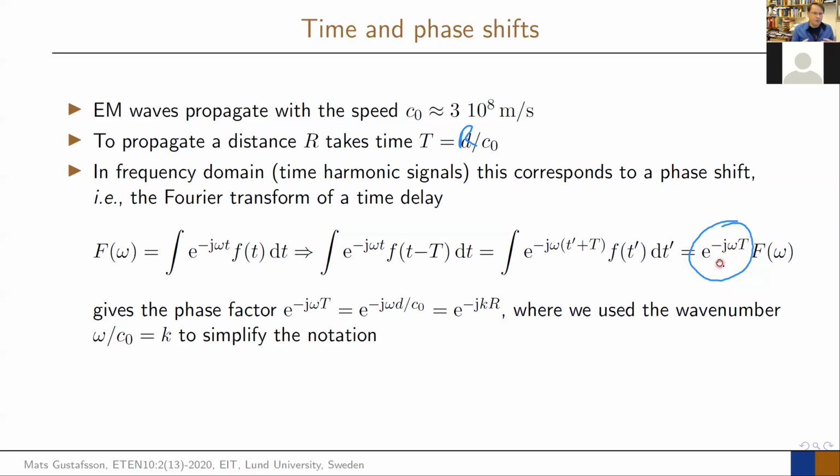And now we will rewrite this. Again, I can see that I mix my R's and D's. So I know that I have here my T, which is R over c0. So I put in my T here, it's an R over c0. And then the angular frequency divided by the speed of light is the wave number.